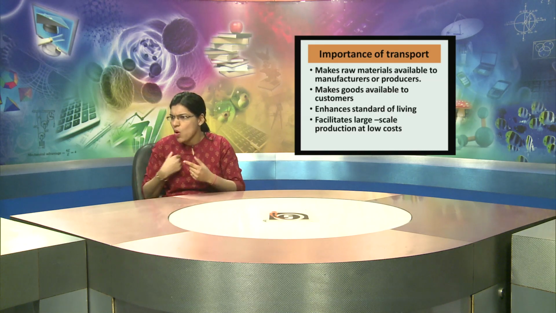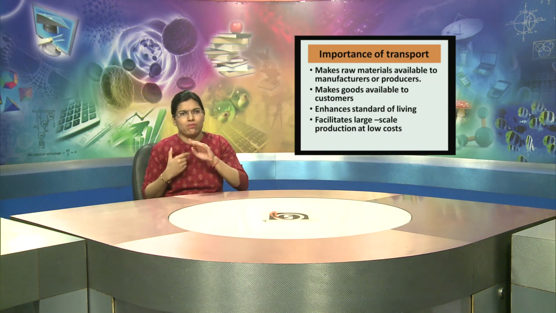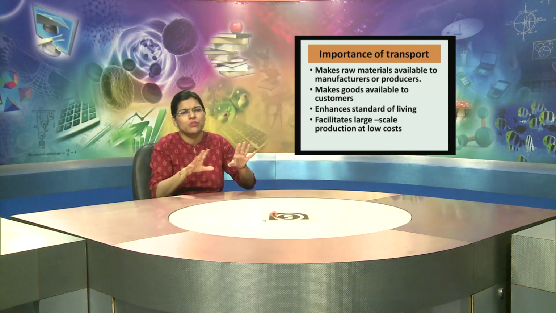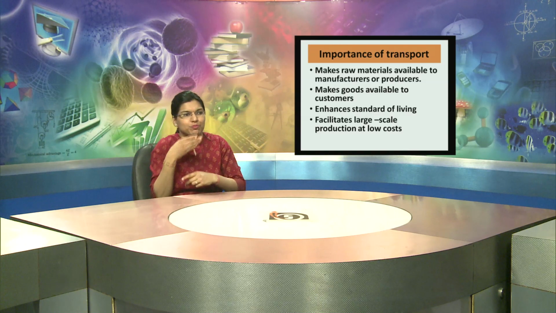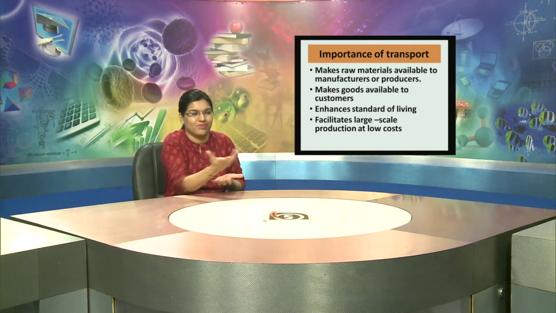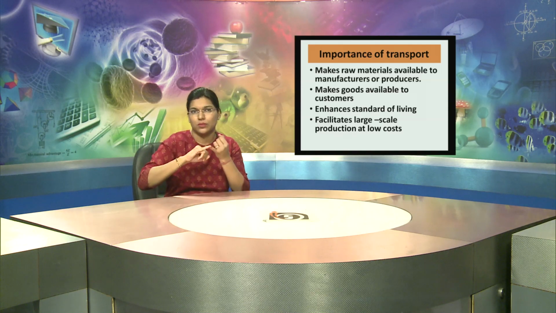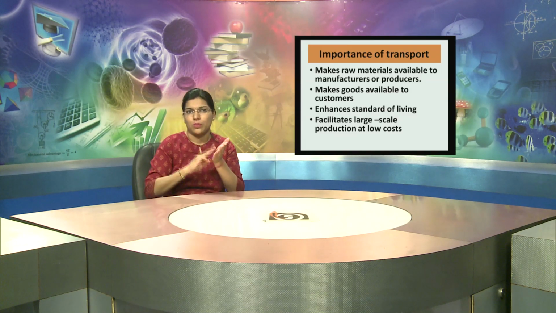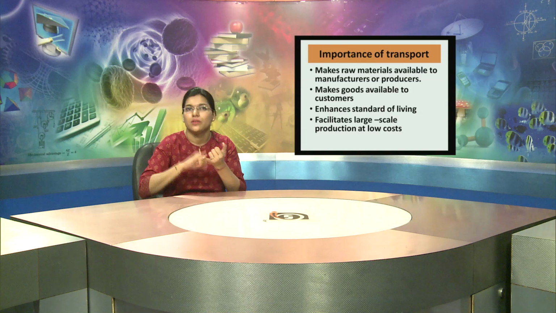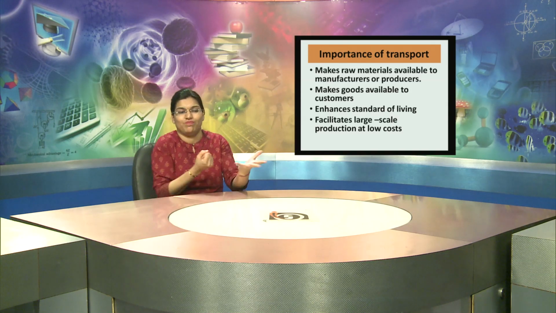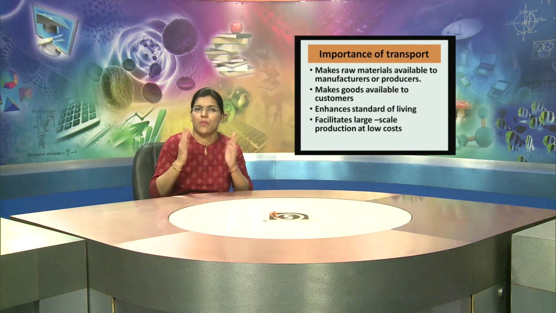Second, for example, I am sitting in my home and I want something. I go to the market and different shops and see the things which I want and I easily buy it. Who am I? Customer. The person who buys things is called a customer.